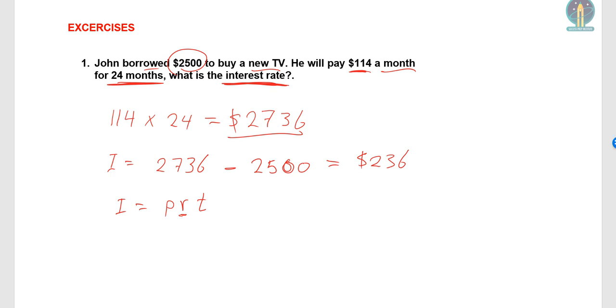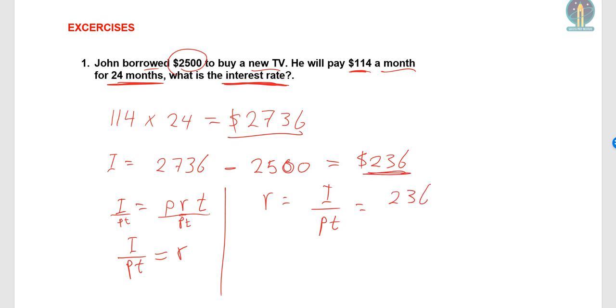So we could divide both sides by PT. R equals I over PT.